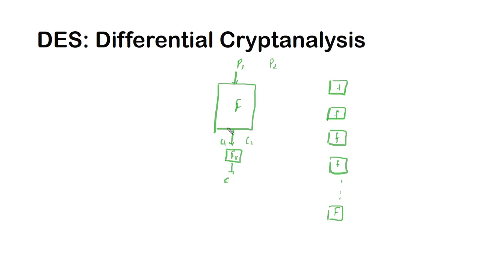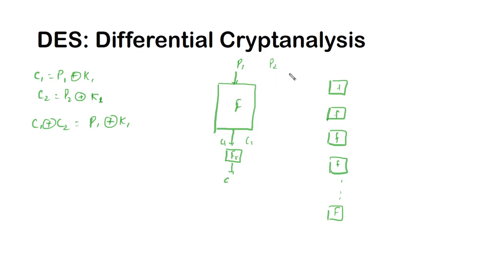Is there a relationship between these two? So one of the values is that my C1 is equal to P1 XOR K1, and C2 is equal to P2 XOR K2. If I find out C1 XOR C2, it is equal to P1 XOR K1. I'm sorry, this is K1 over here.